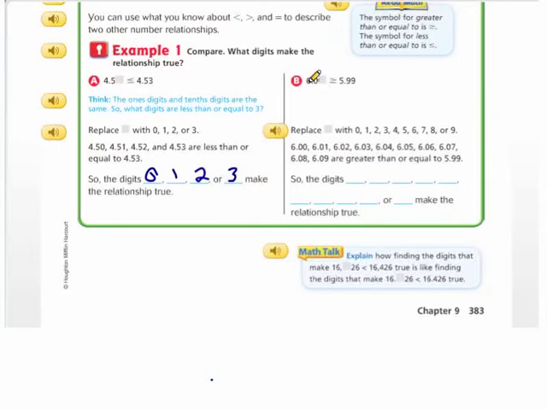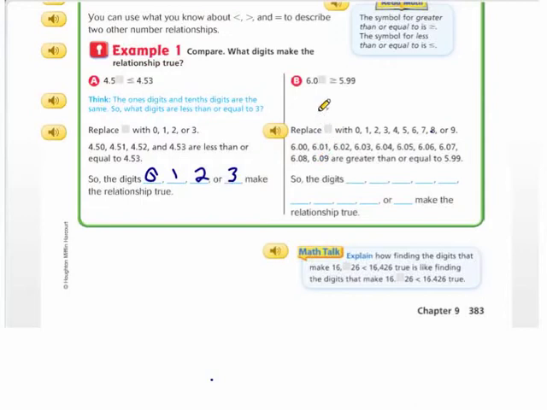We have to make 6 and something hundredths greater than or equal to 5 and 99 hundredths. So we're going to replace the square with 0, 1, 2, 3, 4, 5, 6, 7, 8, or 9.